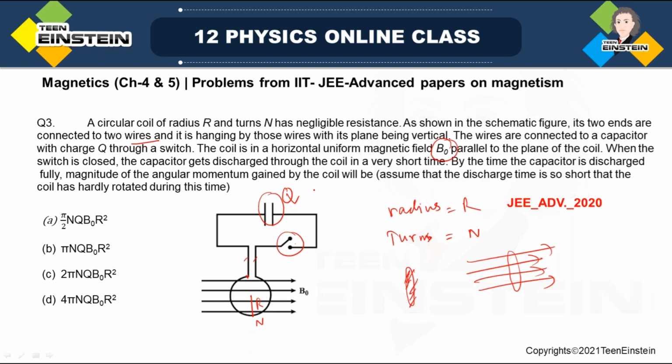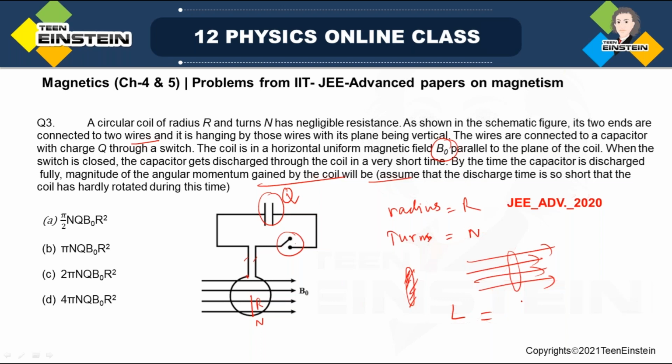This question is asking for the angular momentum gained by the coil. Angular momentum means L.